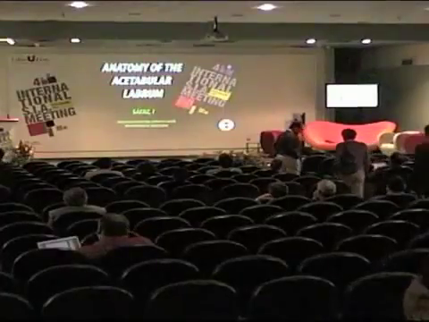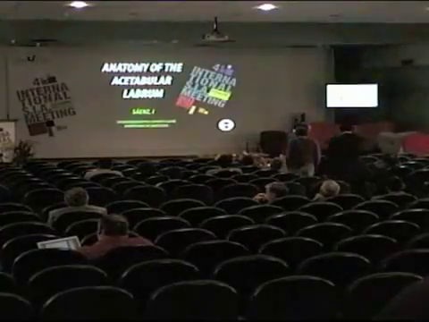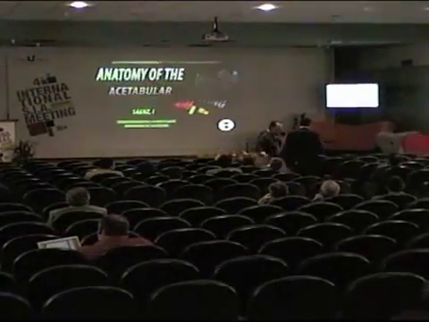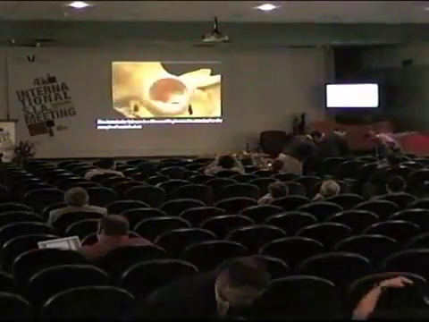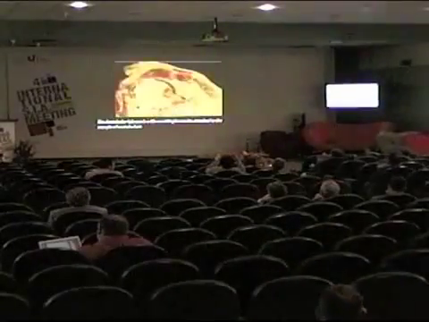Well, I am going to talk about the labrum, the acetabular labrum, to introduce the hip surgery. The acetabular labrum is a fibrocartilaginous ring attached to the margin of the acetabulum.